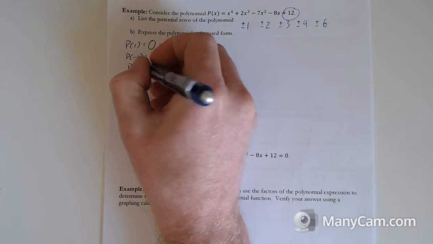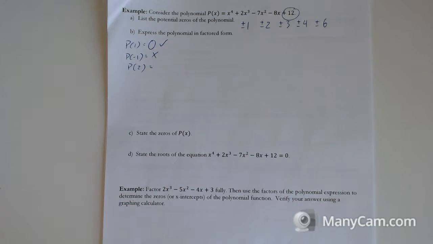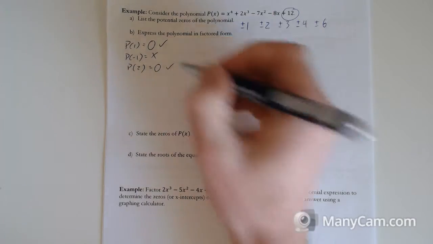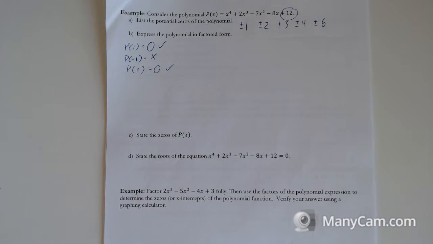P of 2. I'll have to put this in my calculator. Actually, I've got the answer over here. This one does indeed work as well. This one is another one of our zeros.